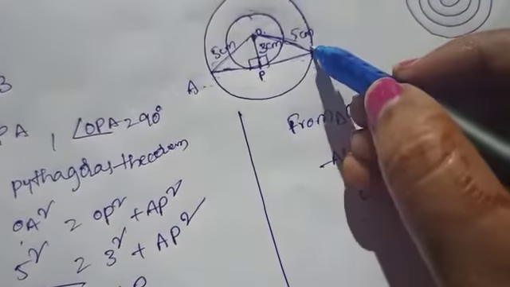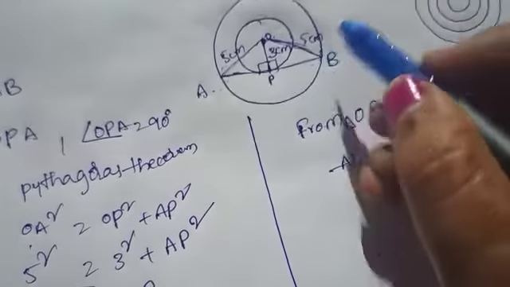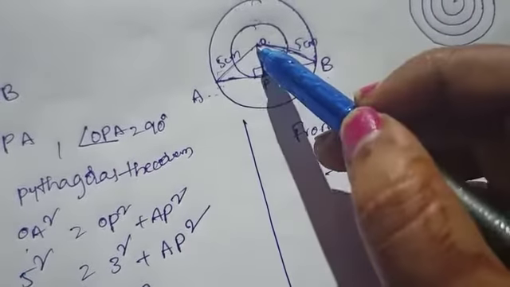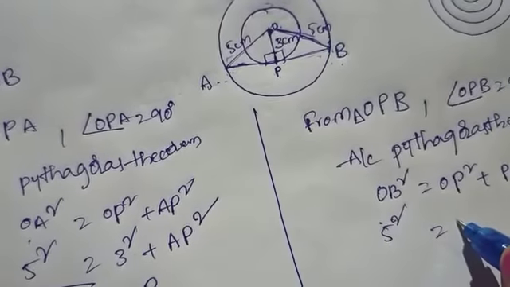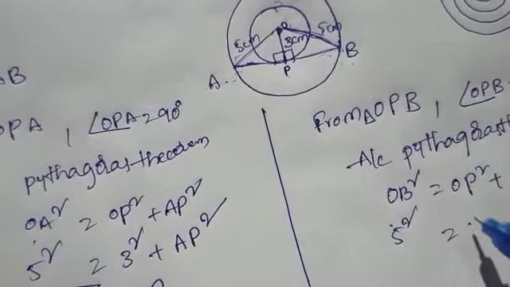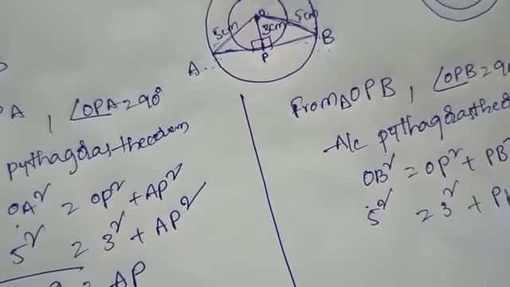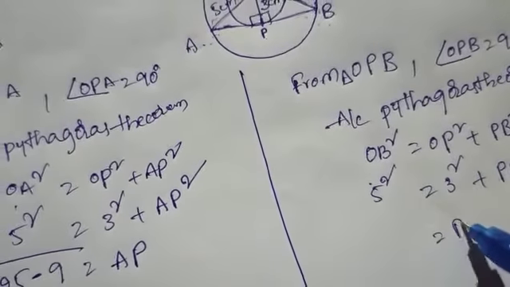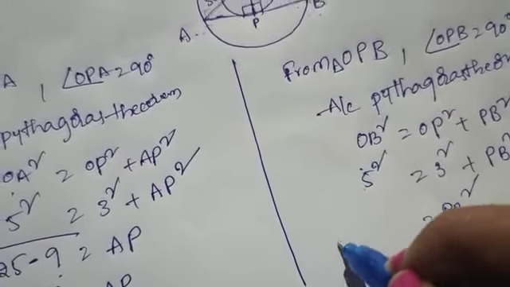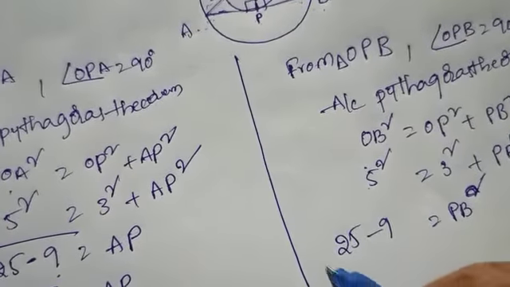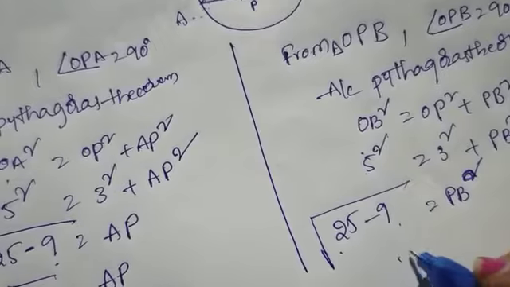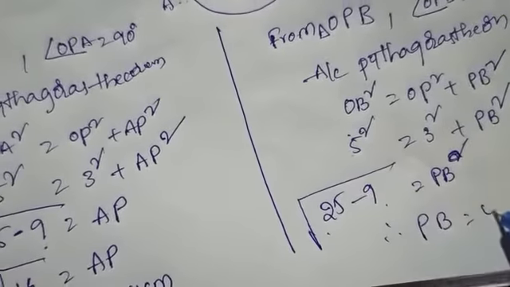OB square equal to radius of larger circle 5 centimeters, 5 square. OP is smaller circle radius, 3 square. PB square equal to 5 square is 25. 3 square is 9. PB equal to root over 25 minus 9. Therefore, PB equal to 4.